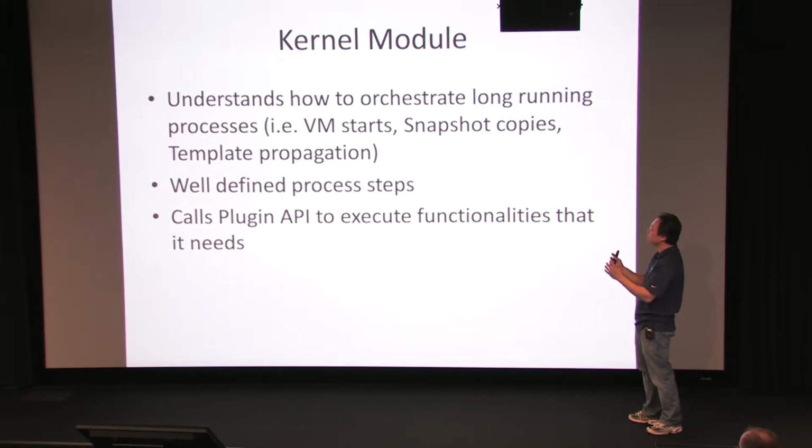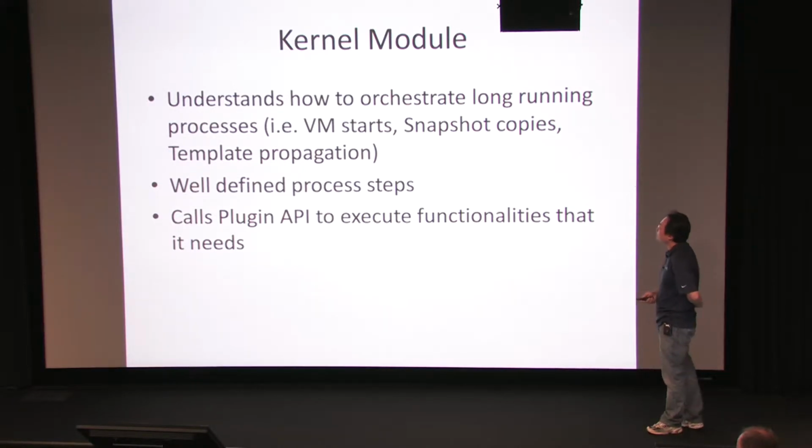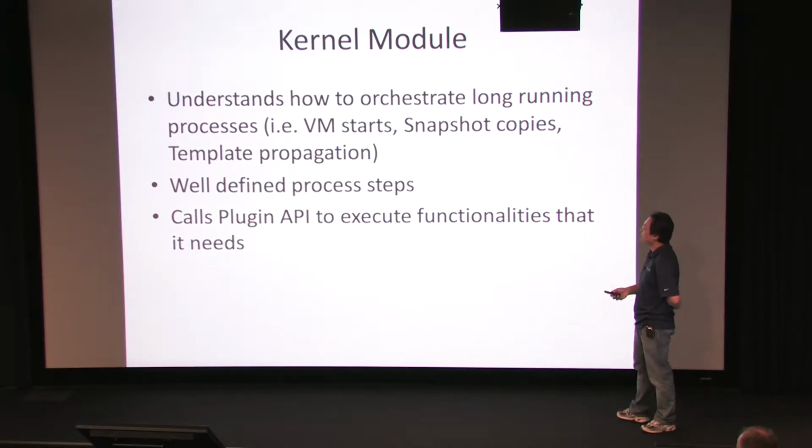The kernel module exposes it so that people who don't want to work in that area can still add functionality into CloudStack without understanding these processes. And basically inside the kernel module, to configure how the kernel works, we have our plugin API to execute those functions.